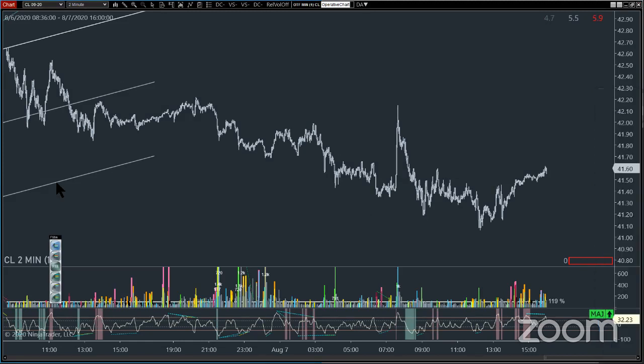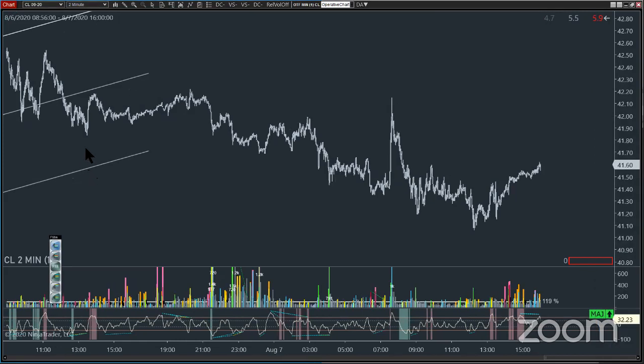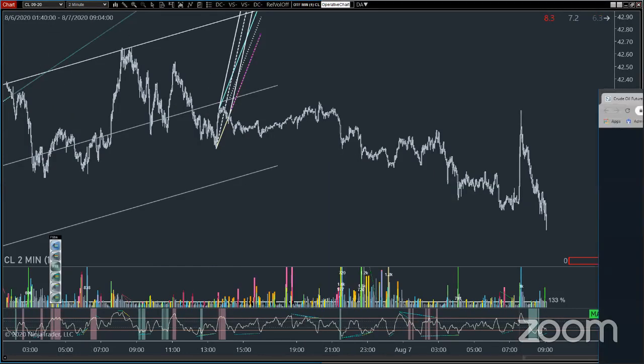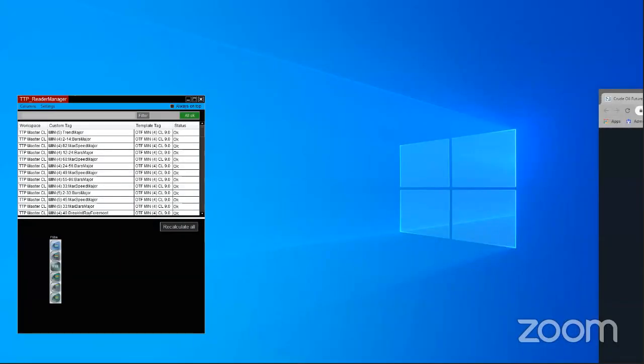All right, there's Crude finally. Let's just make sure it's working. Oh yeah, cool. Thank goodness. I was about to get really upset there for a second. Here's ES opening.